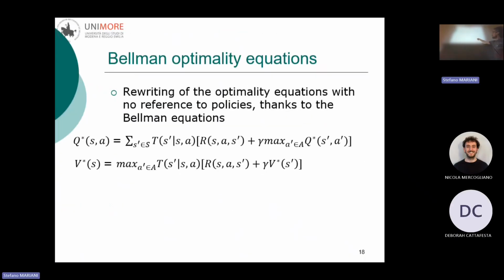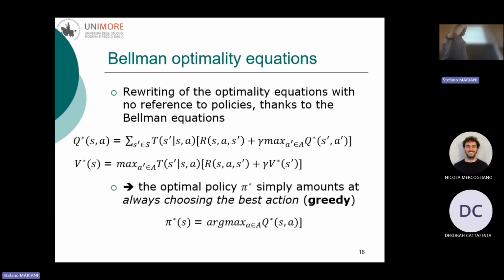So you can rewrite those equations without an explicit reference to the policy. And then it's very easy to show that the optimal policy to follow in a given state, remember that the policy is a mapping from state to action, so given a state, what is the best action? Is no longer max, but argmax.